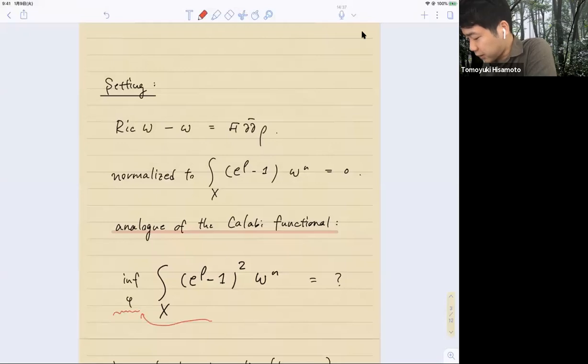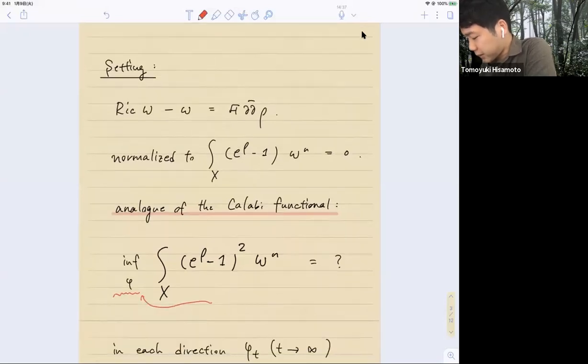So this is, as I explained above, represented by some scalar potential function phi. So phi always represents omega, which is omega phi.